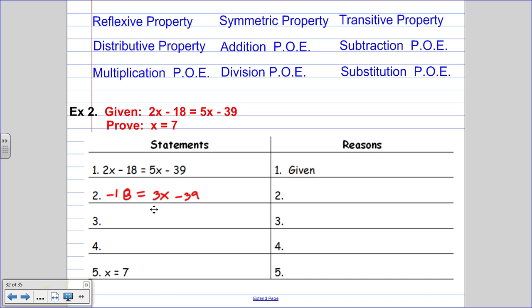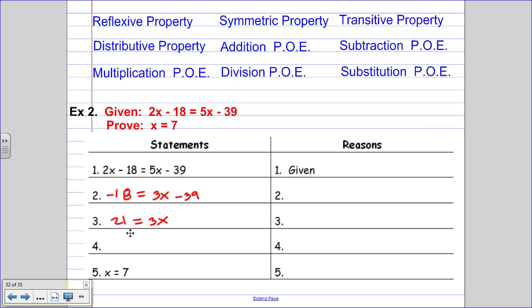So now I would have to move my 39 to the left using addition to cancel it out on the right. And if I add 39 to negative 18, I would have positive 21 is equal to 3x.